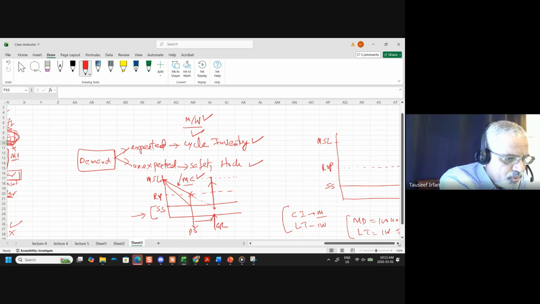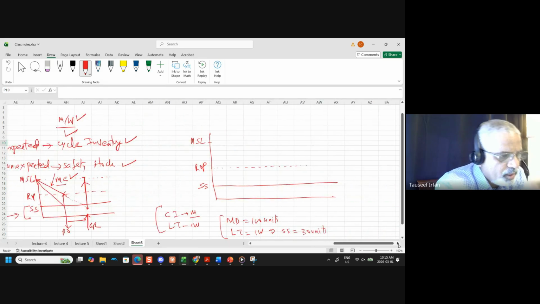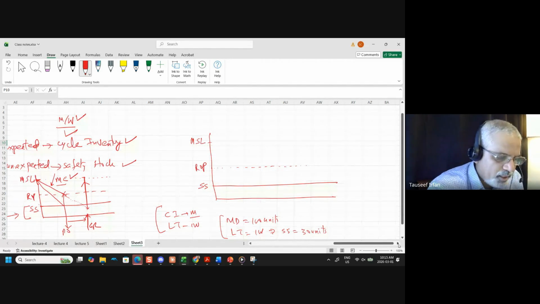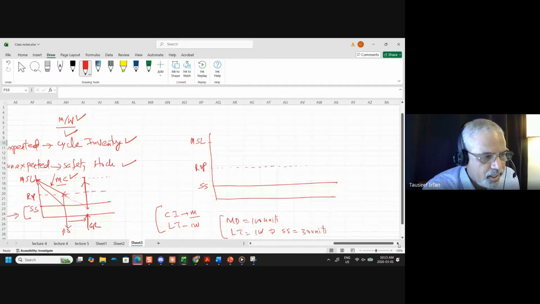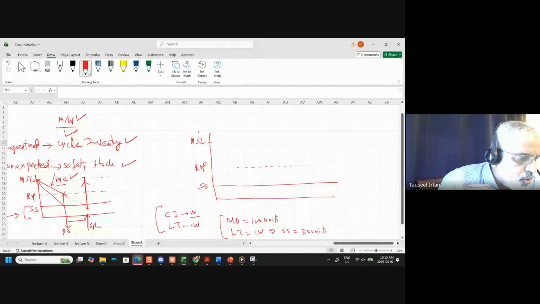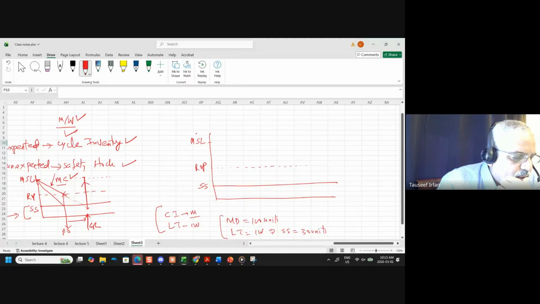Then if you see the sawtooth cycle diagram I was making yesterday, let me complete that. In the ideal world, we carry the cycle stock and there is no need for safety stock, because my forecast accuracy is 100%.